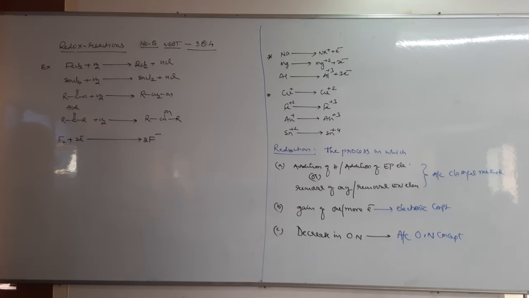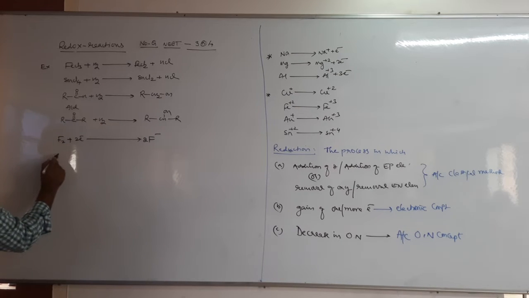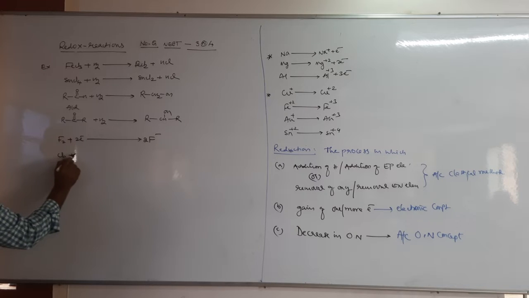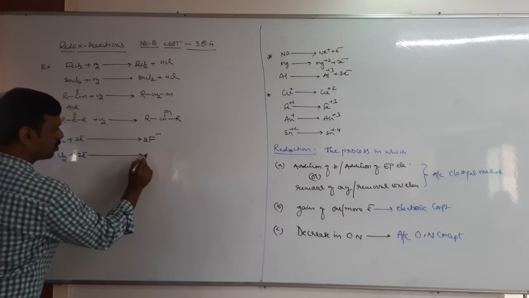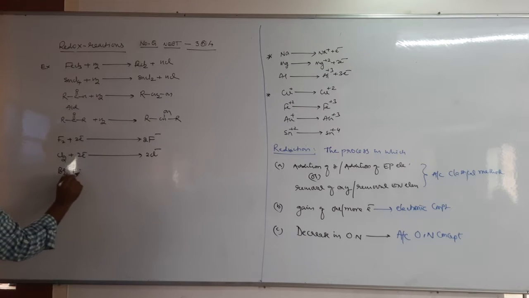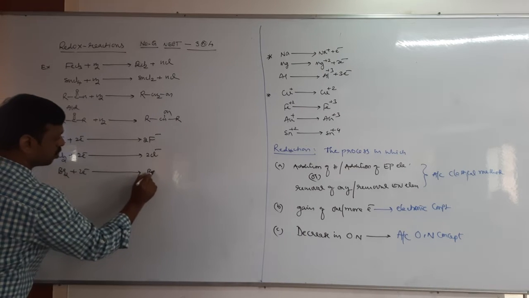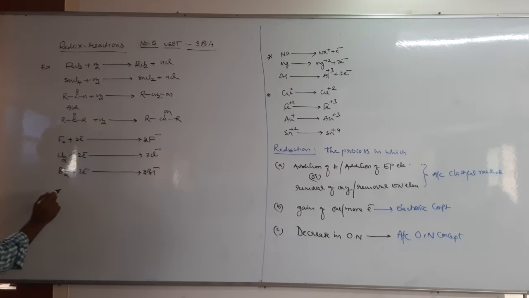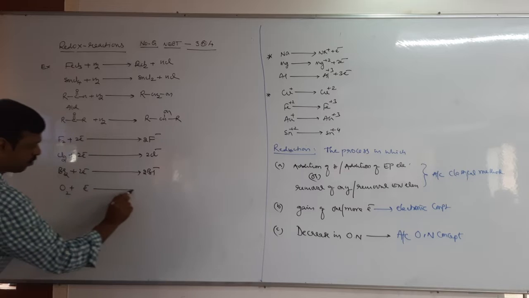Because fluorine has highest electronegativity, it takes electron. And similarly, chlorine and bromine also can be written, no? Chlorine plus 2 electron gives 2Cl minus, bromine plus 2 electron, it is also Br minus. Even oxygen, O2 plus electron, what does it form?